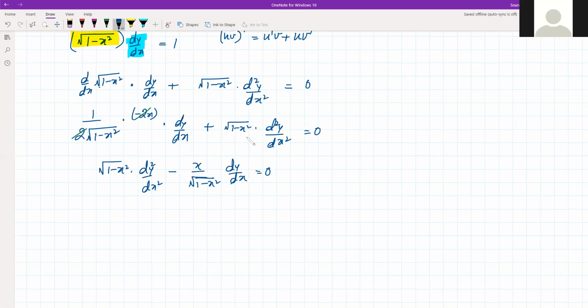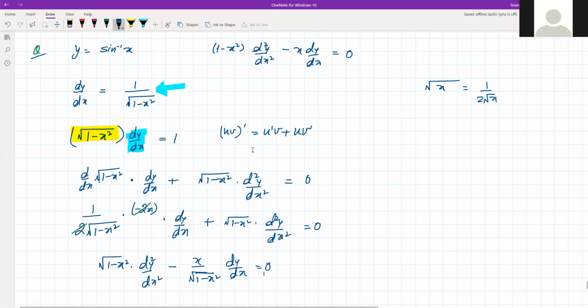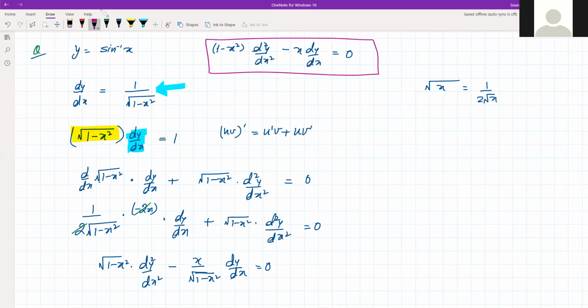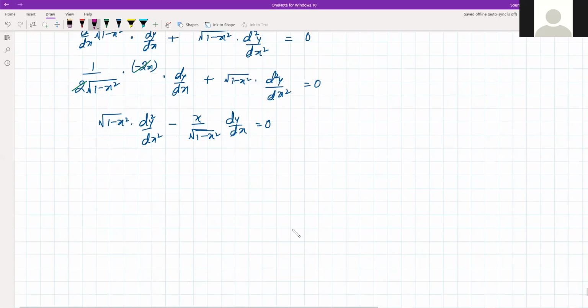Now you compare it with what you have to prove. We have to prove this expression. So we have to somehow write to this, and we are almost there. We have minus x dy by dx just like this, and we have root of 1 minus x square d square y by dx square. But there is root of 1 minus x square in the denominator of the second term, that is here. So now we think about doing cross multiplication.